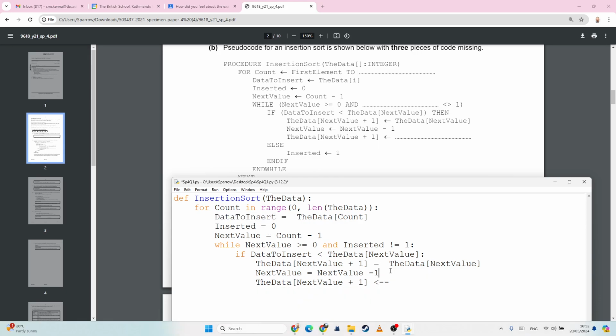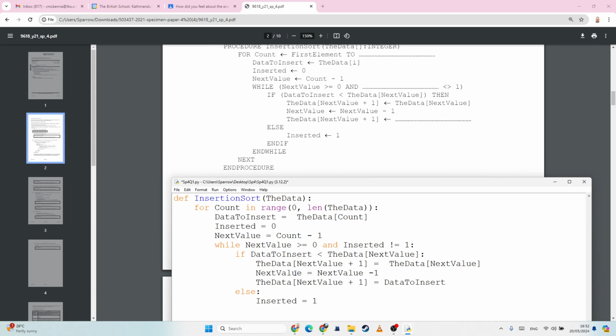Oops, sorry, I copied the pseudocode here rather than the equal sign. Okay, fingers crossed. And then I'm going to say else, inserted equals 1. And for if and while, we don't need an end procedure.